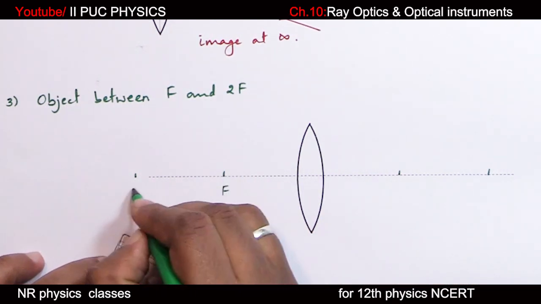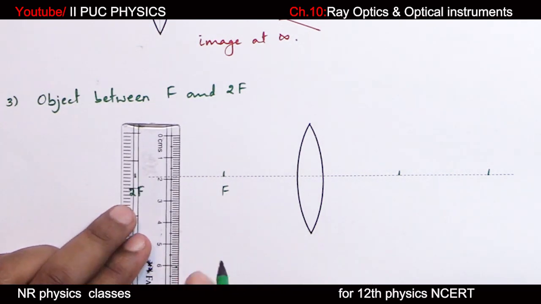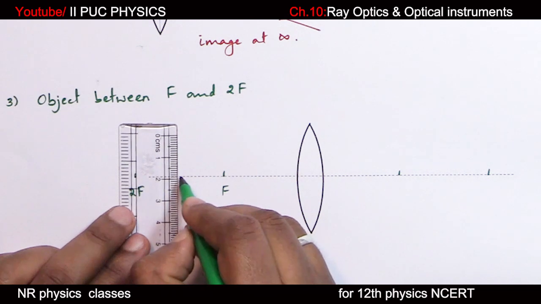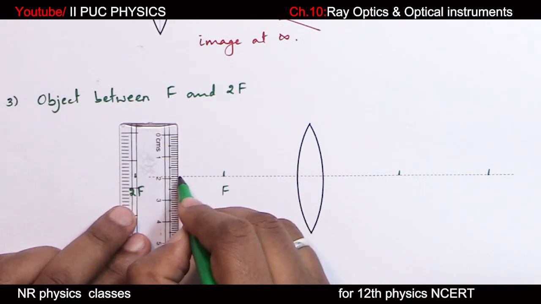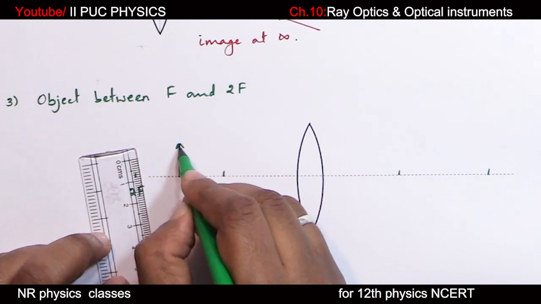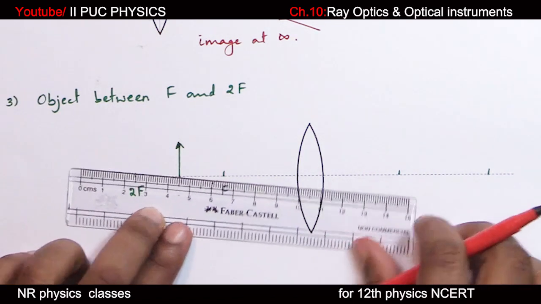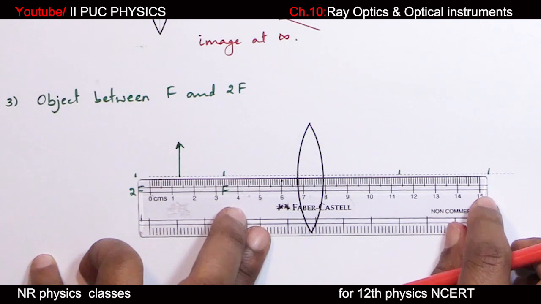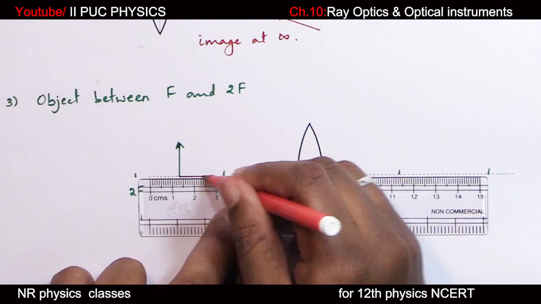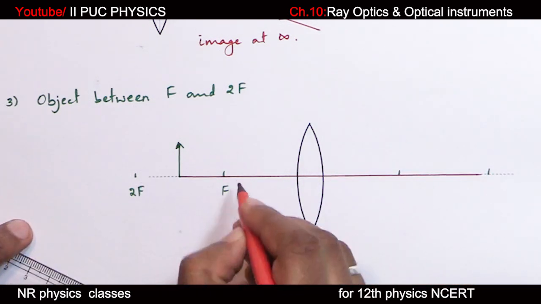Let me consider an object between F and 2F. This is a linear object. This is a ray along the principal axis, refraction without deviation.